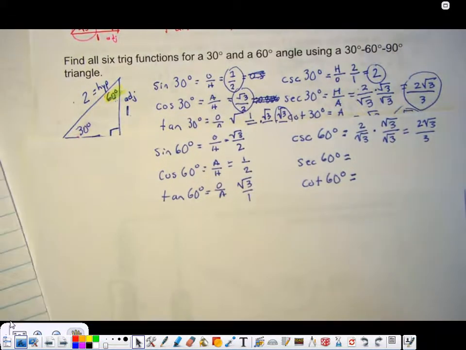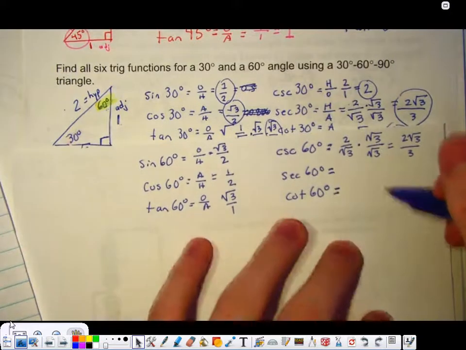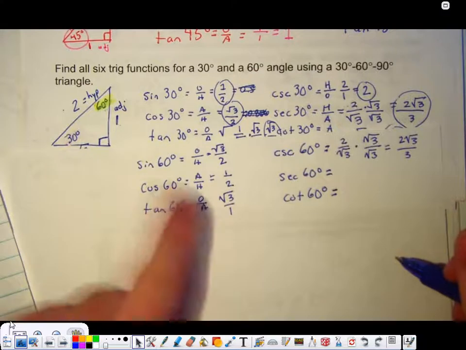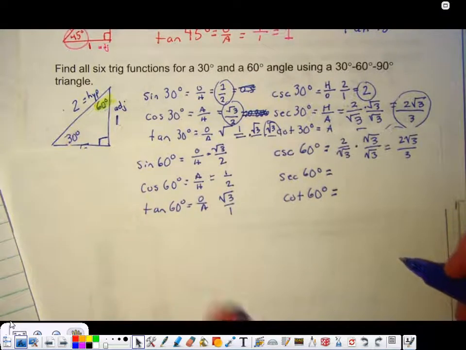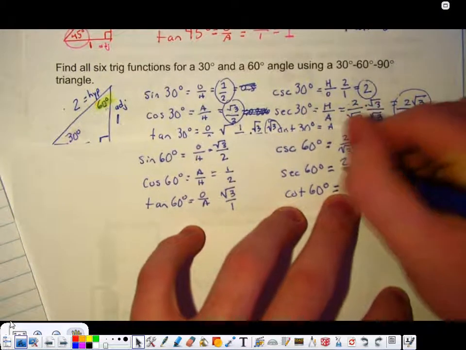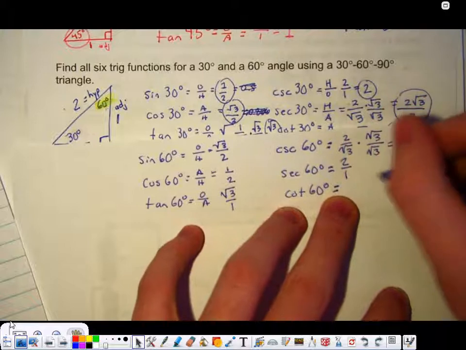Alright, so now we've got secant of 60, and that's going to be the opposite of cosine, so it's going to be hypotenuse over adjacent, which is going to be 2 over 1, which is just equal 2.